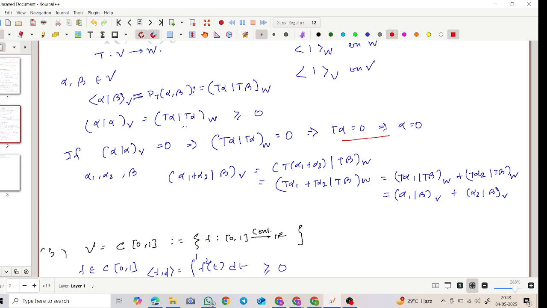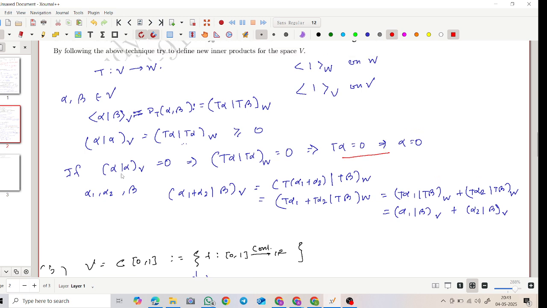That's the property of non-singular linear transformation. Because if you do the inner product of two non-zero vectors, they cannot produce a zero. To ensure that, you need T to be non-singular.